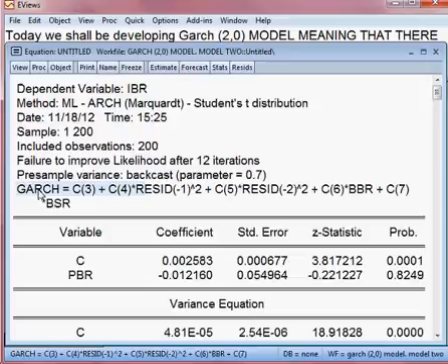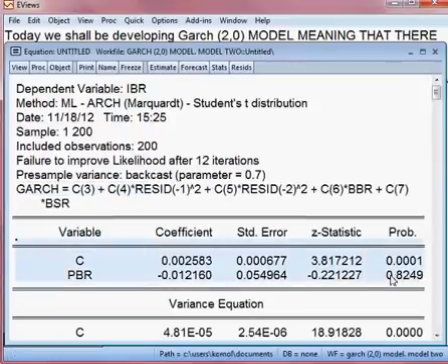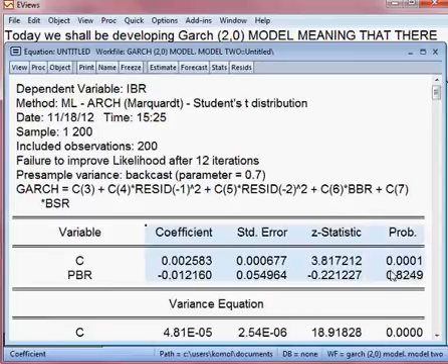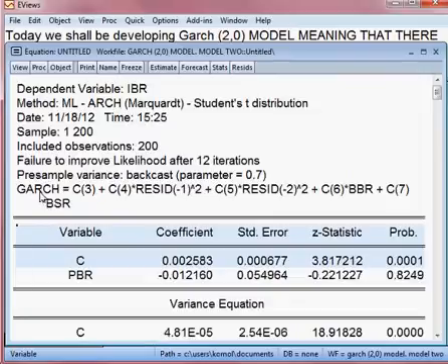We derived it from the mean equation. In other words, GARCH means the variance of the residual derived from the mean equation, that is here.